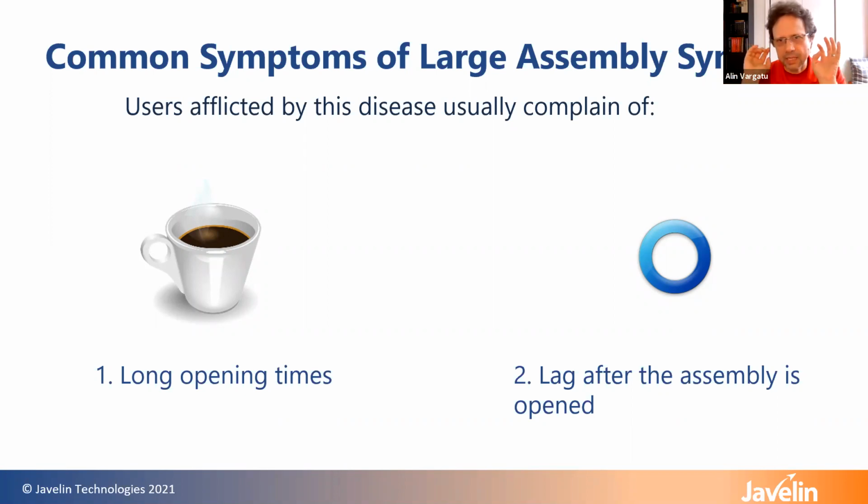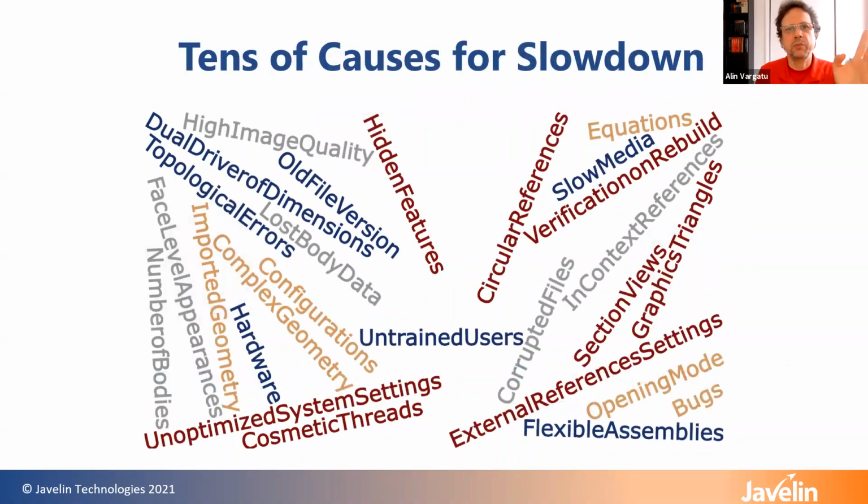And that is even worse, right? You click, you wait, and there goes your productivity, increases your frustration, and things like that. So there are only 2 symptoms, but unfortunately, there are lots of possible causes for slowdown, lots of factors that can slow you down.